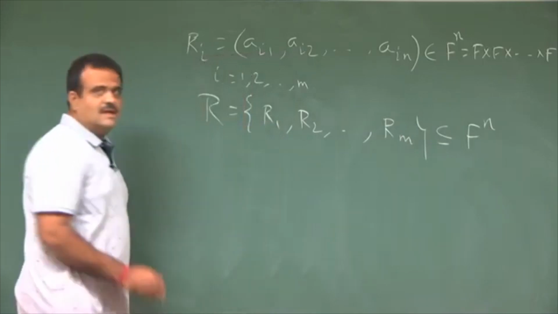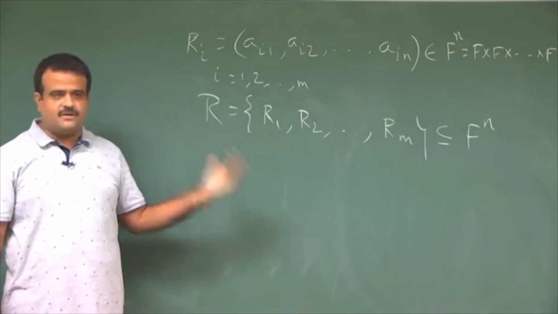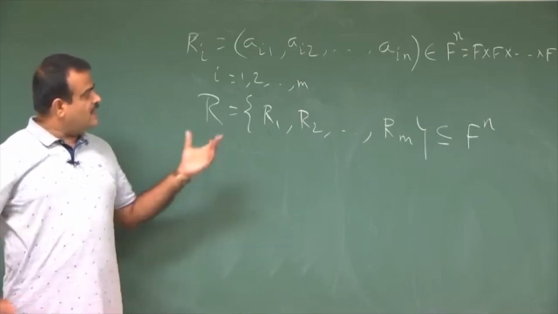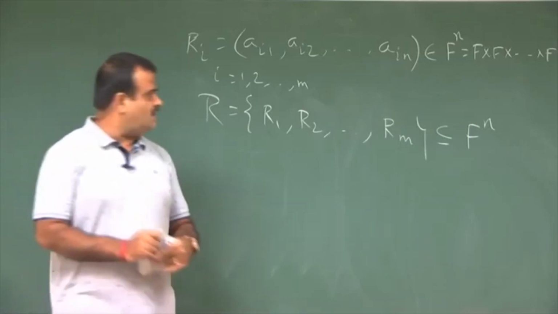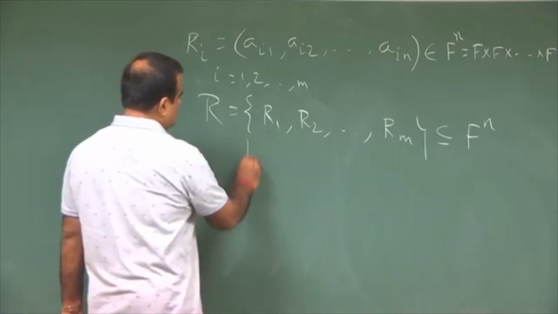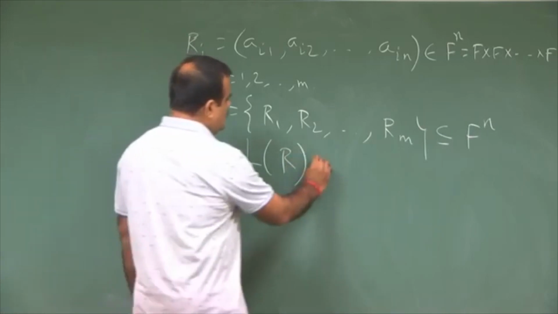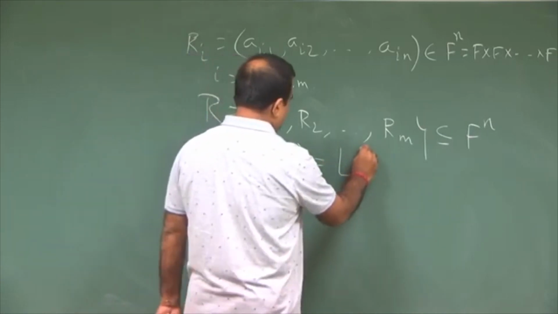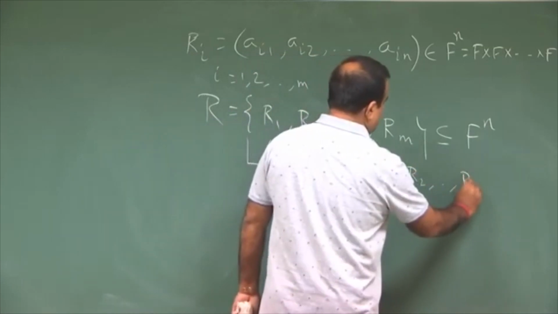Now consider the space generated by these n-dimensional vectors. That is called the linear span of R 1, R 2, up to R m.